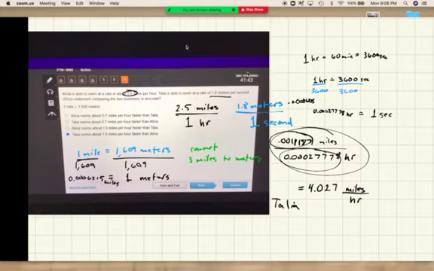So that's where I came up with the one. This is so convoluted. The whole idea was that if I was converting meters to miles, I want 1 meter equals how many miles. That's the whole question.